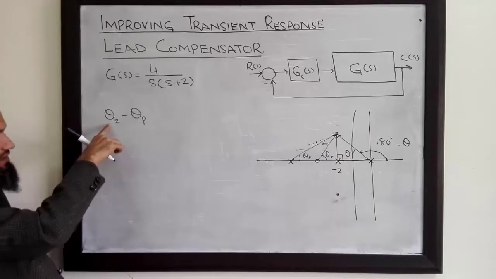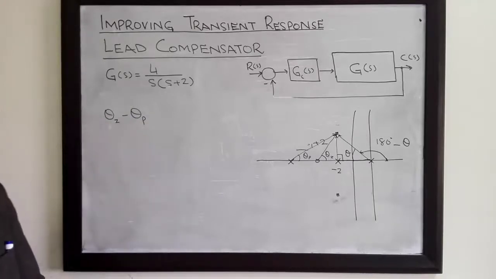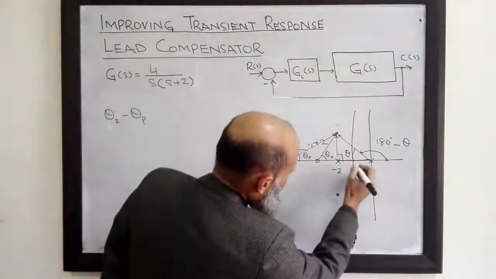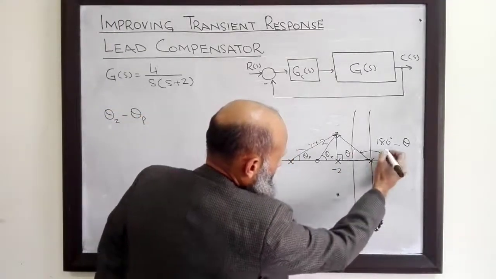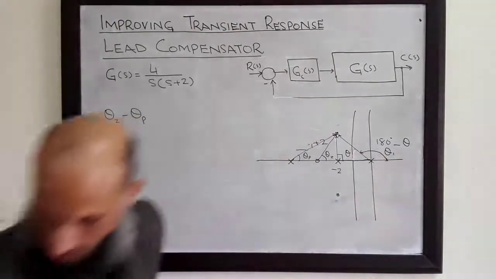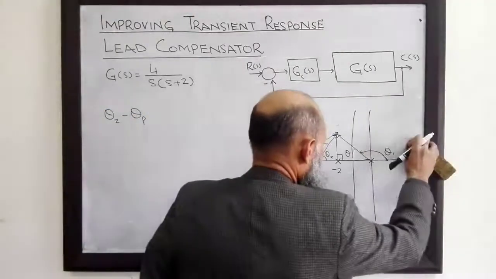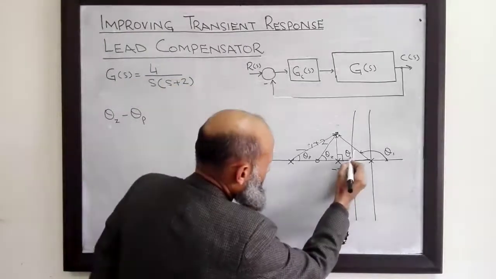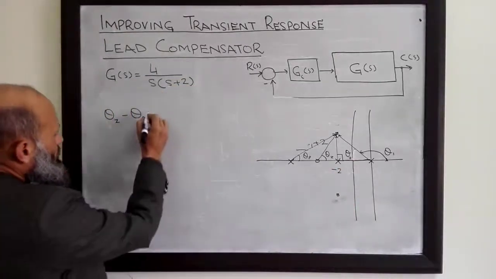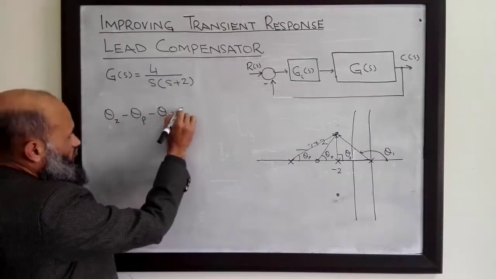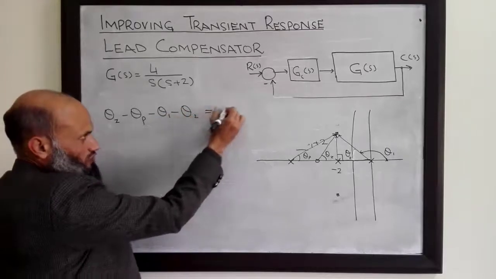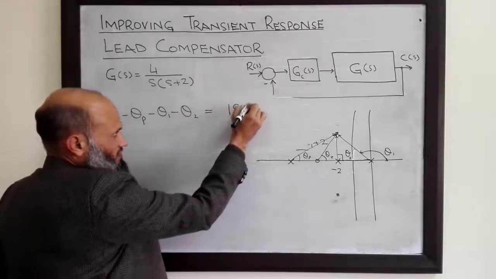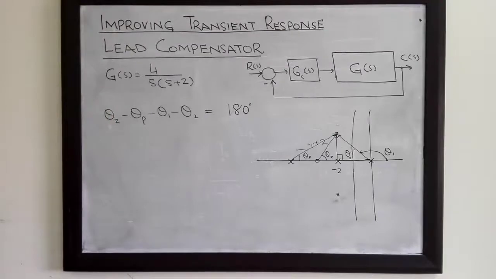Angles due to zeros are taken positive, angles due to poles are taken to be negative. Let's call this angle theta 1 and this angle theta 2. So minus theta 1 minus theta 2, we want to make it equal to 180 degrees so that the angle condition is satisfied for this particular point.